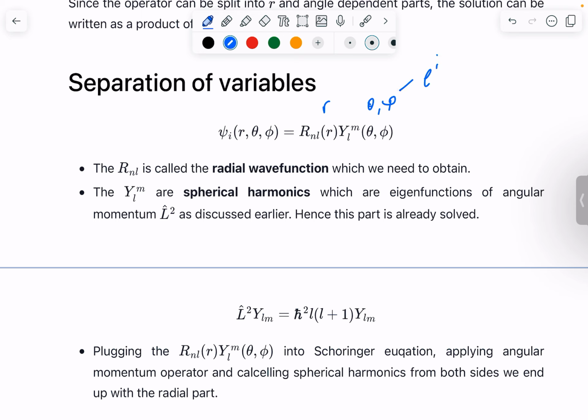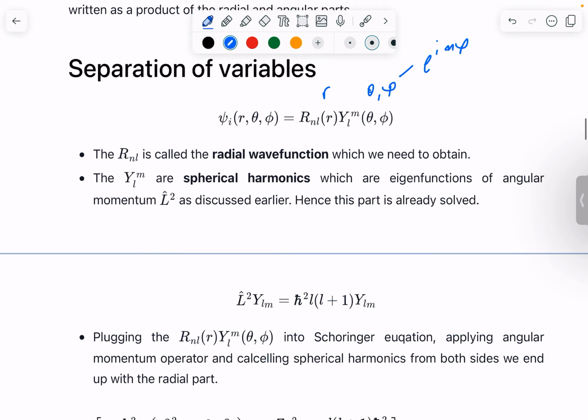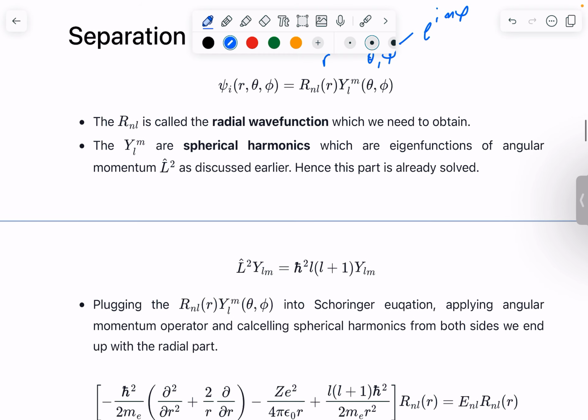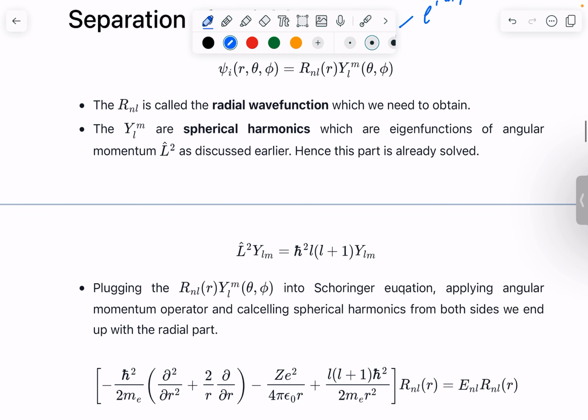The phi part had something like e to the i m phi, and the theta part had some polynomials of cosines. So all three variables separate, and this is the way to solve differential equations. If we used a Cartesian coordinate system, this would not be possible. So this is great. We're able to separate the variables, divide and conquer the problem, and get the eigenvalues.